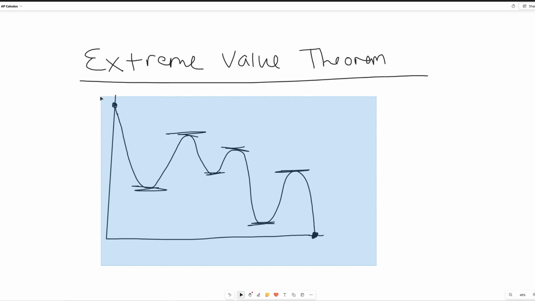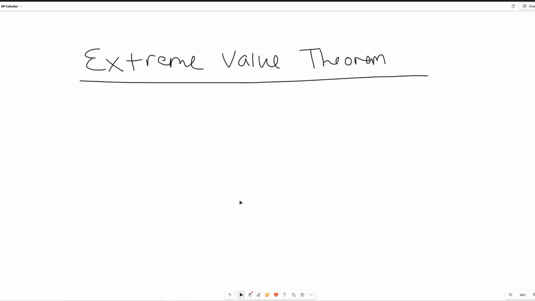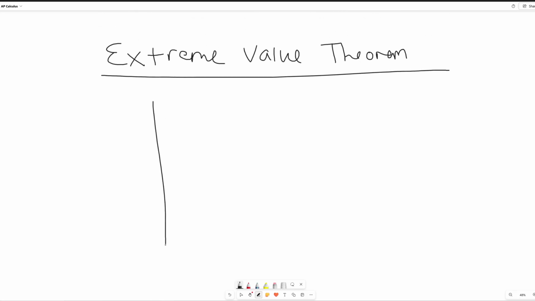So, in order to determine absolute maximum, you have to not only consider the critical points, but also the endpoints.